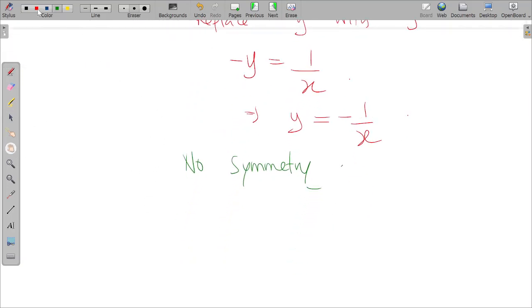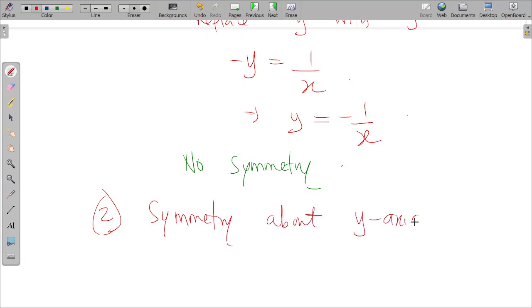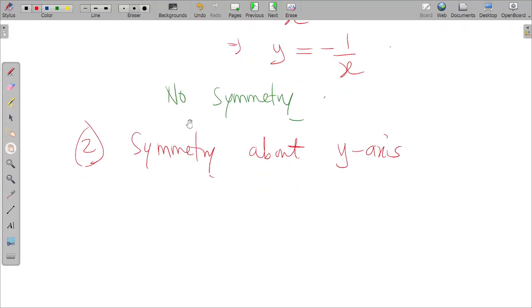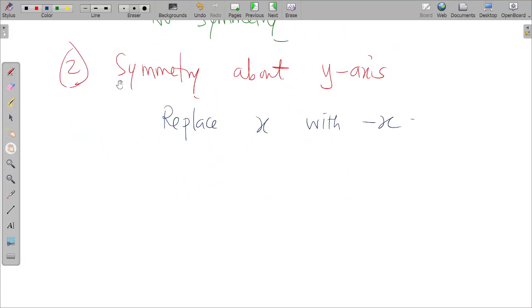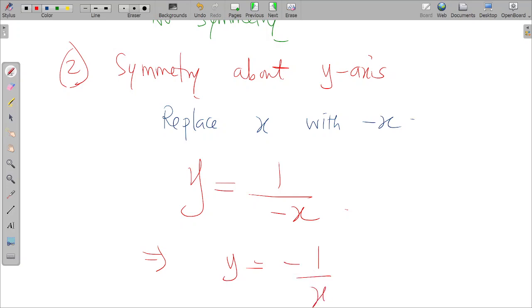Let's test for the second one, symmetry about the y-axis. Here we replace x with negative x. So we have y equals 1 over negative x. This is the same thing as y equals negative 1 over x.